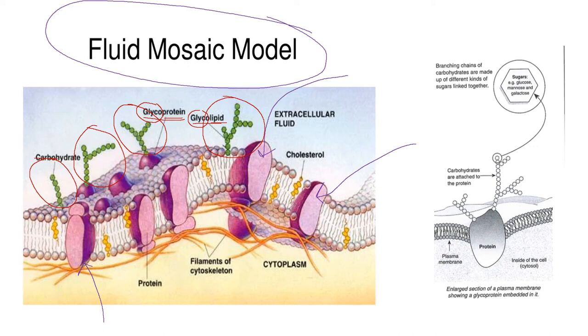So this is a sugar that's coming out of a protein, this is a sugar that's coming out of a lipid. And hopefully you can see now these glycomolecules, these hexagonal green discs that are on the diagram, basically are monosaccharides chained together by a dehydration reaction. And what you've got there is a complex sugar.